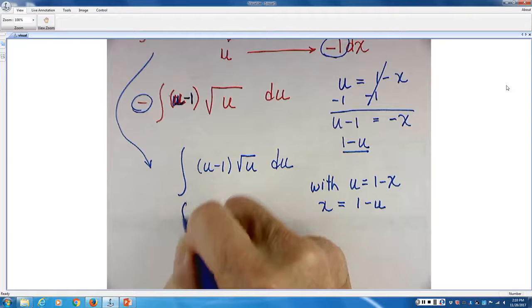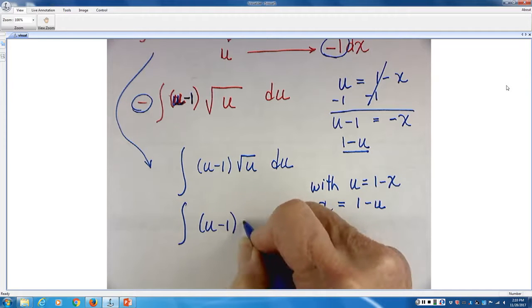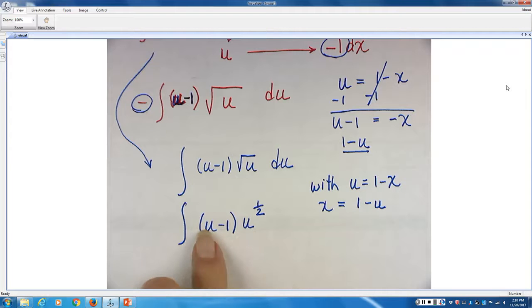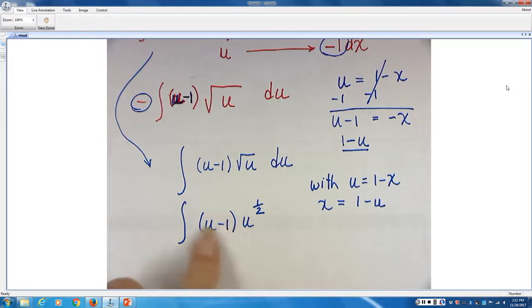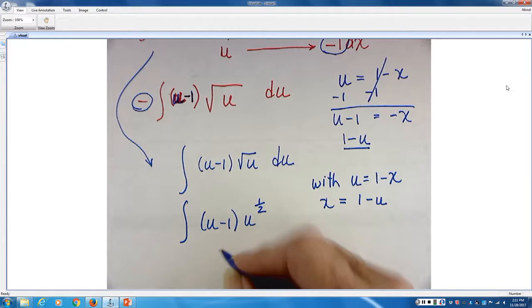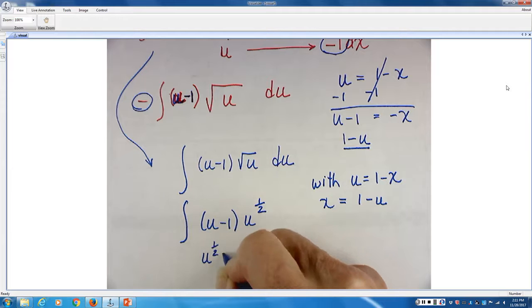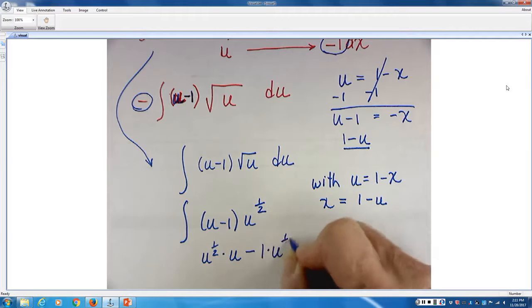Because this is the integral of u minus 1 times u to the 1/2 power. And we can multiply these together where we couldn't do it before, because we'd have had to have applied the power to both things in the parentheses. This time we only have to apply the power rule because we have 1 u. So u times u to the 1/2 minus 1 times u to the 1/2.